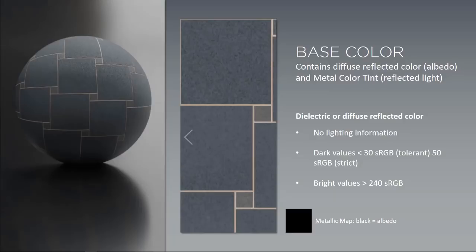I was trying to plug these values in, thinking, what is 30 out of 0 to 1? It means it's going to be pretty low, pretty near the dark.